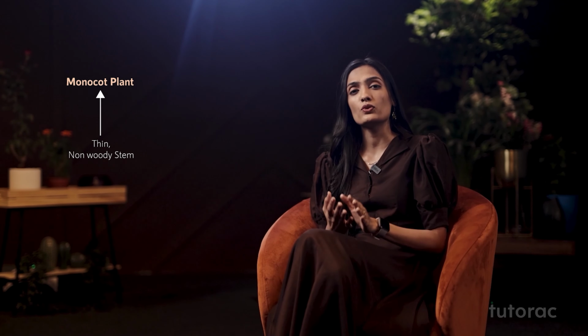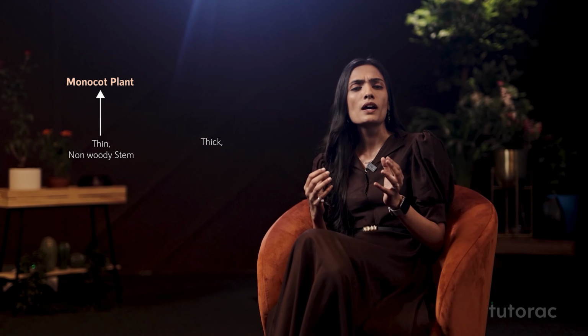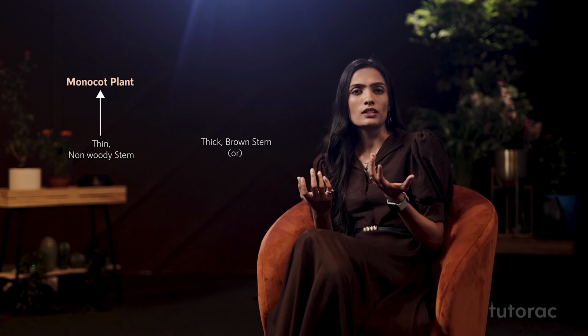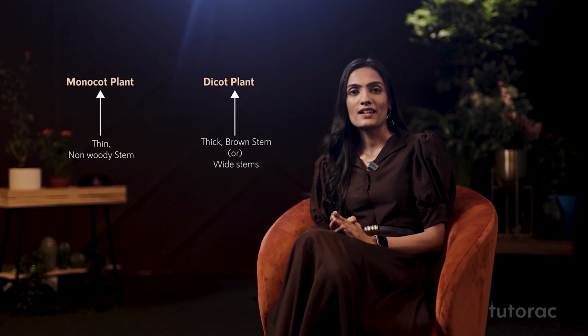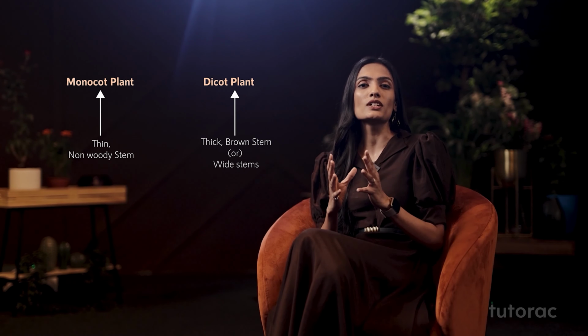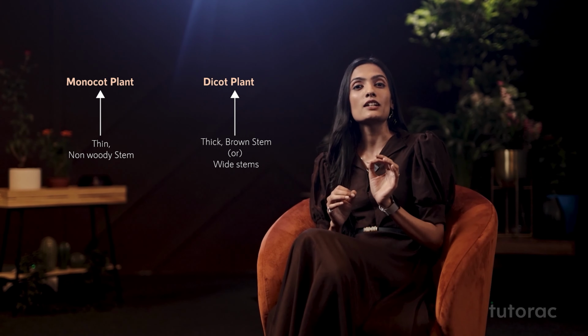If you ever see a thin plant with a thin, non-woody stem that is green in color, then it is a monocot plant. And if you see a very thick stem, usually brown in color, then it will be a dicot plant. So these were two terms that we need to be clear about.